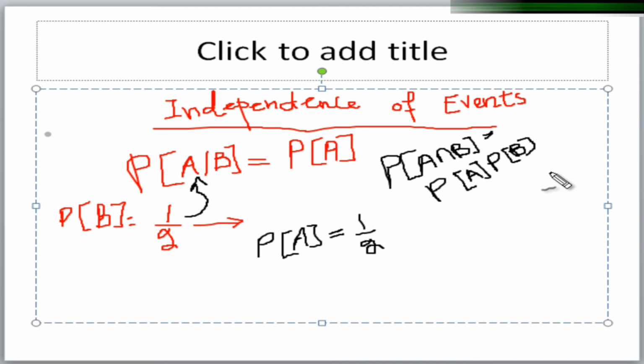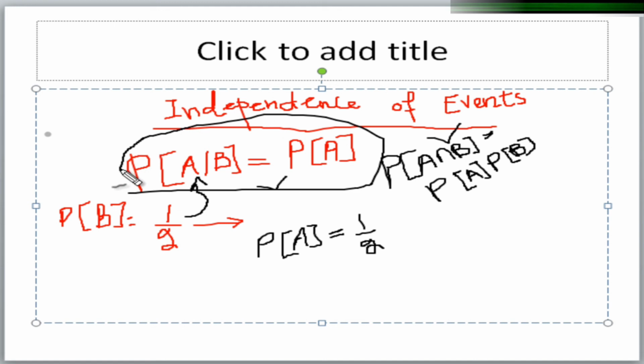We have discussed it in our class as well. How can we find it out? We can find it out from the Bayes formula, or the formula of conditional probability. Just put this in the conditional probability theorem, replace the posterior probability with this one, and you will get this formula. So this is the independence of events.